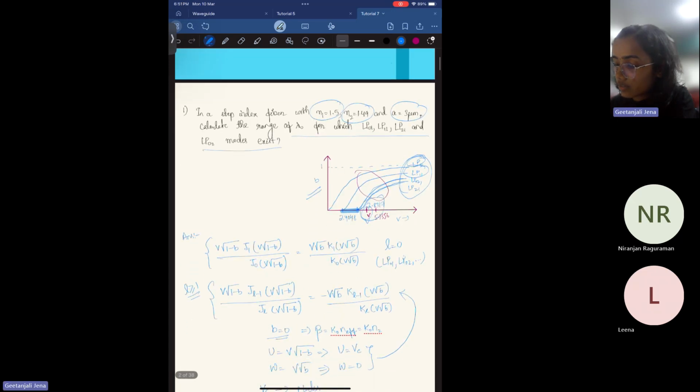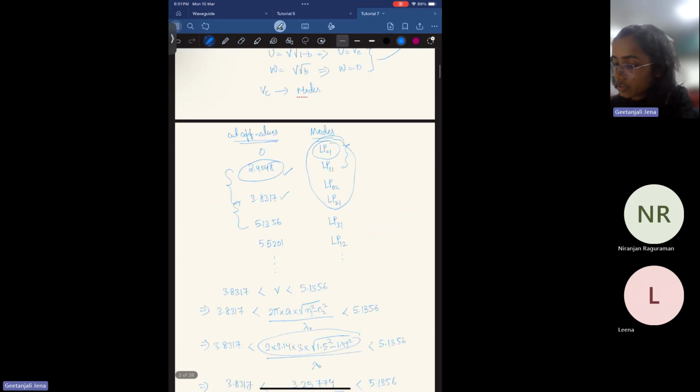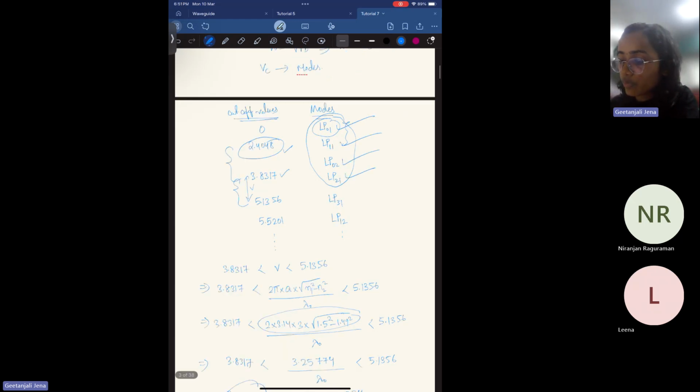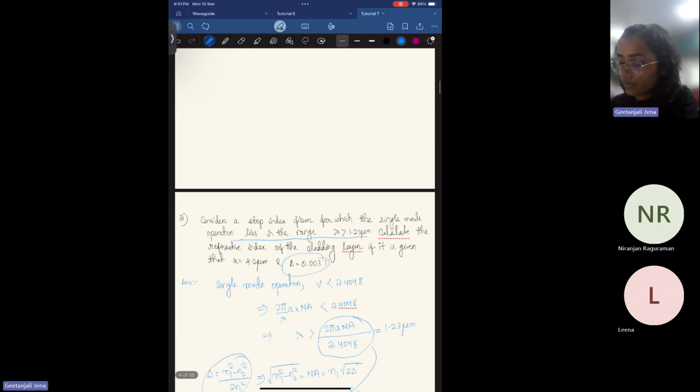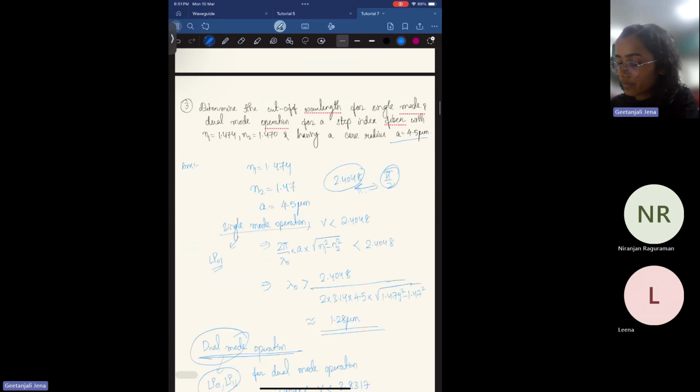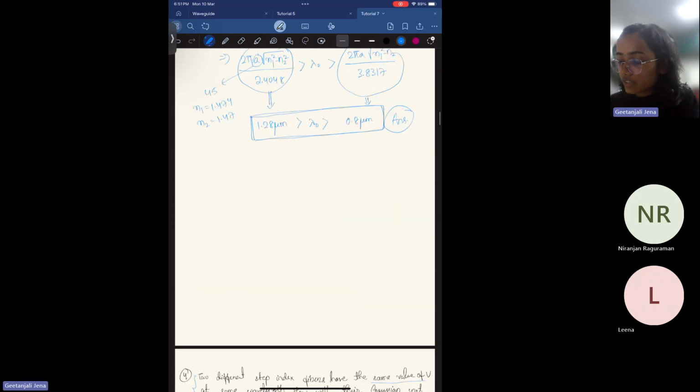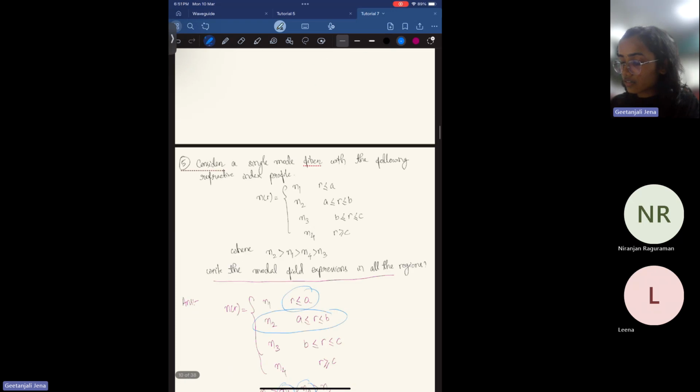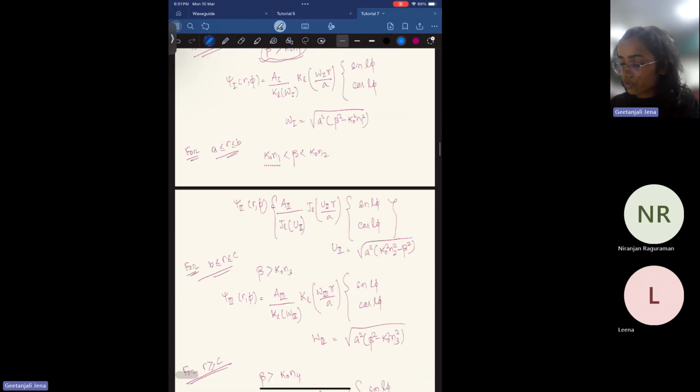Yes, this one. It is better to see this one. The V value is between these, so that means it will allow LP01, LP11, LP02, and LP21. So the total number of modes that will be guided is 4 for this waveguide. If you do not include the degeneracy, then the total number of modes will be 4.